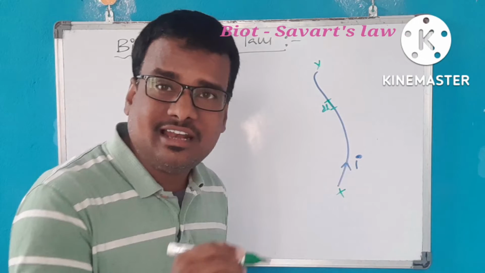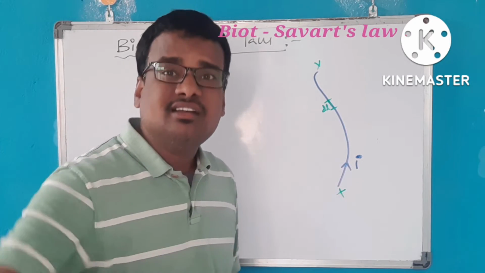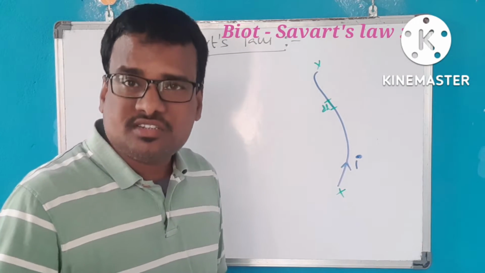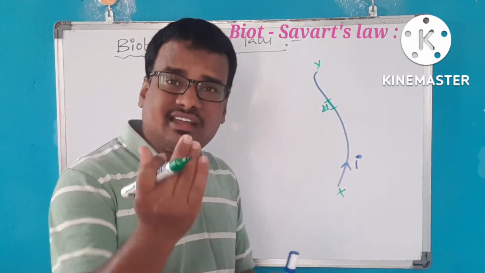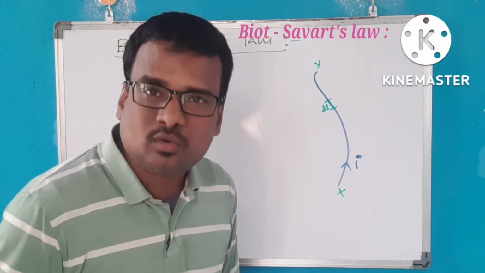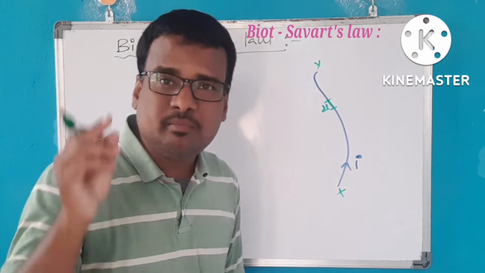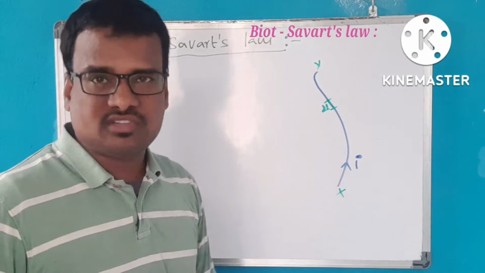This current element dl exhibits some magnetic field at any point in its surroundings, and that equation can be derived by the Biot-Savart's law.